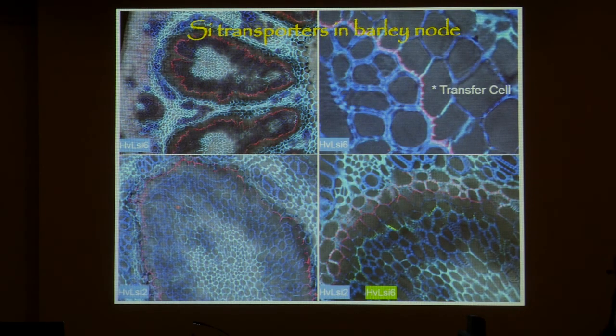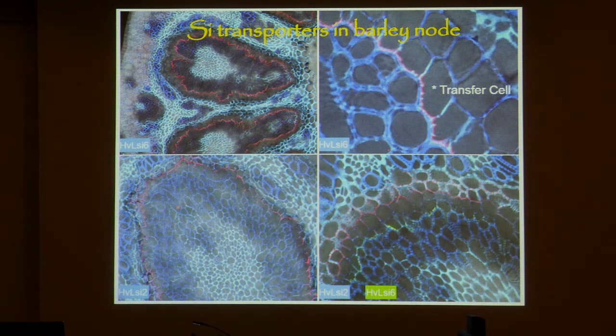So as I mentioned, the node is a characteristic structure of gramineous plants. So far I have just shown you some data in rice. We also did some work in barley. Actually, barley also has a similar system to rice. So just to show you one slide, we did this in the barley node, as you can see here. This is ELISA6, actually from barley. It is also localized at the transfer cells.